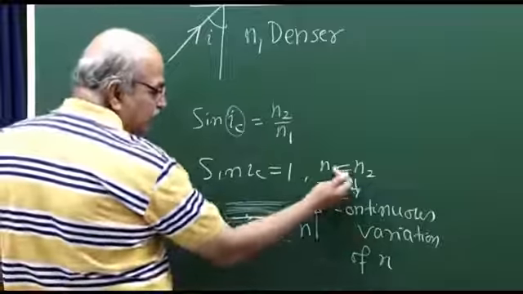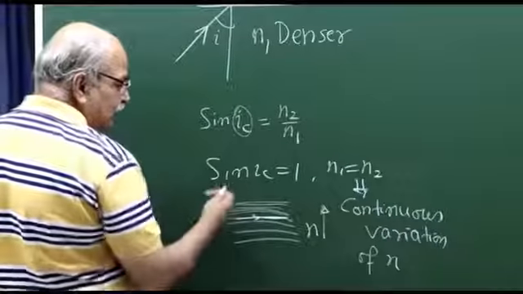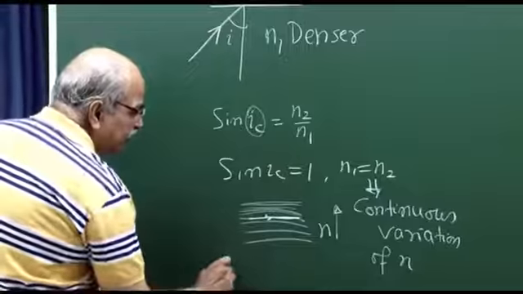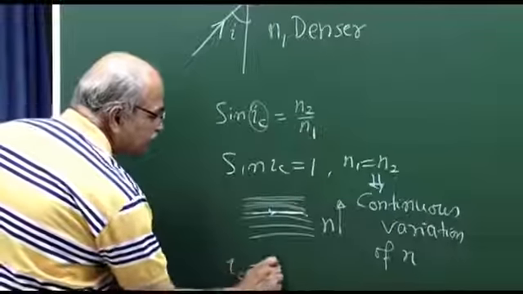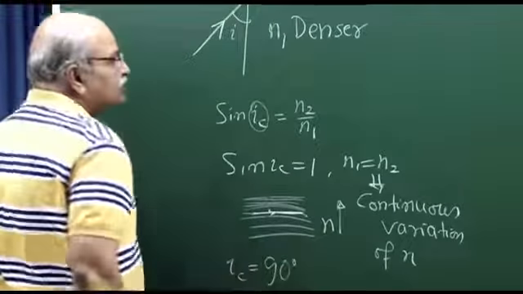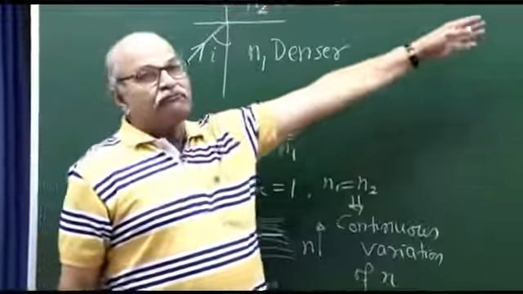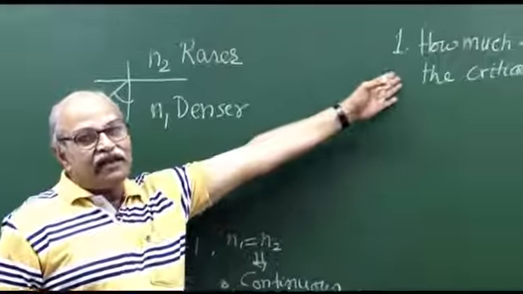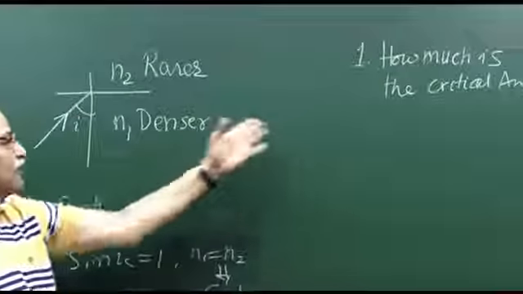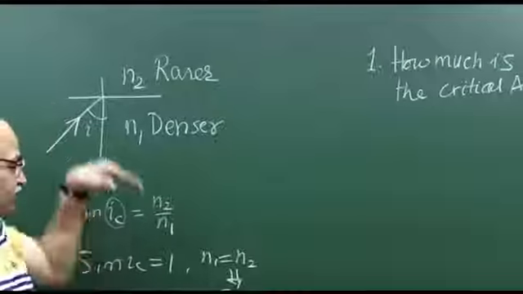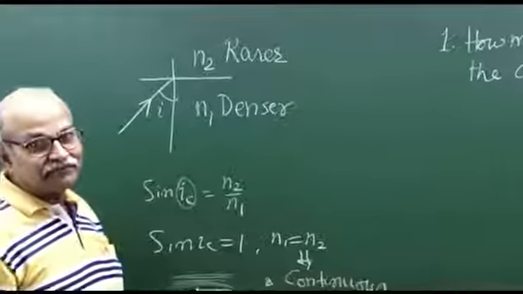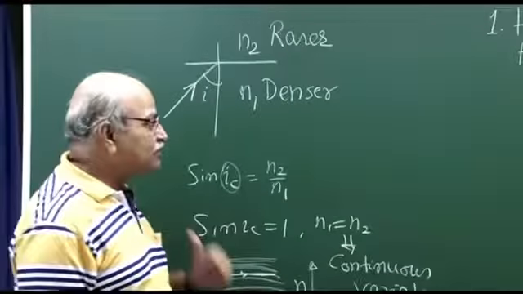So you have N1 equal to N2, sine IC should be 1 and therefore IC should be 90 degrees. So the first problem is, what is that critical angle and when the angle of incidence can exceed that critical angle. So that is the first part.